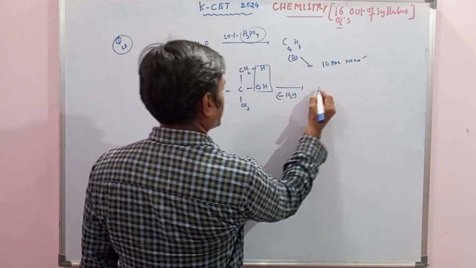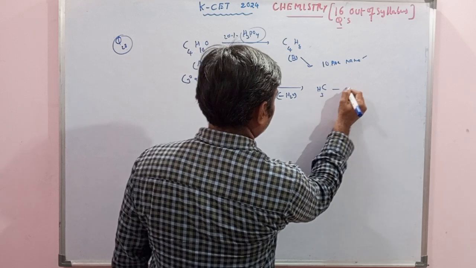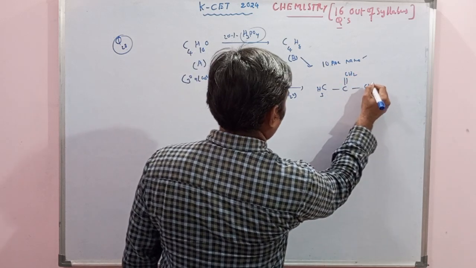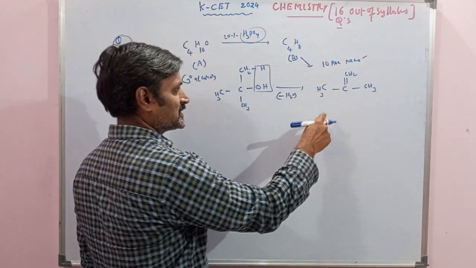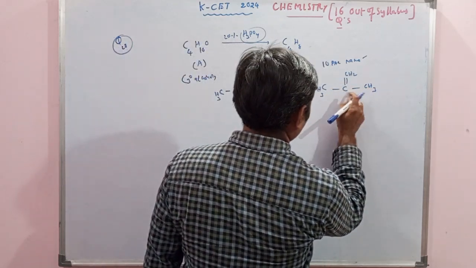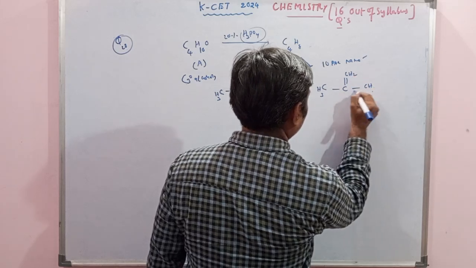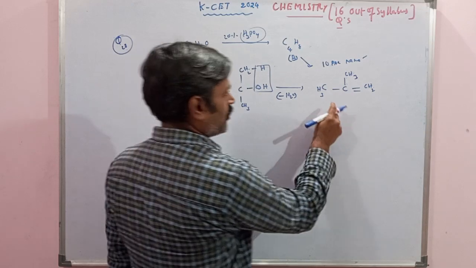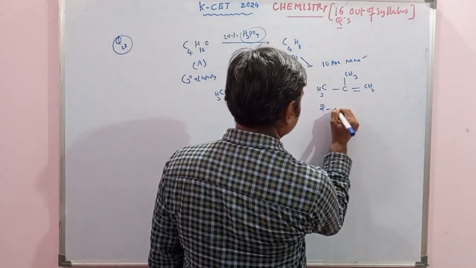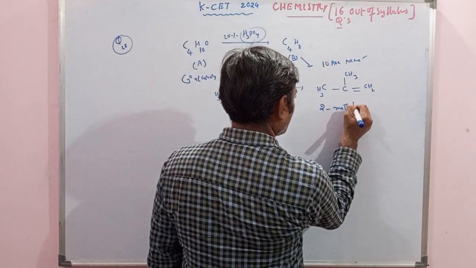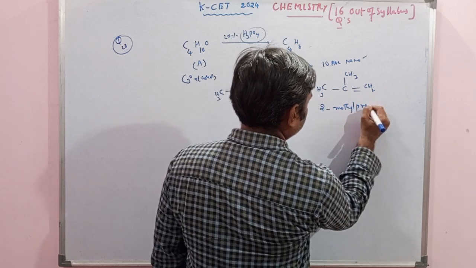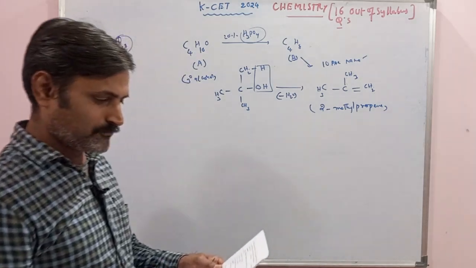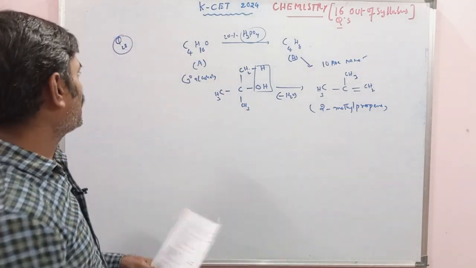Then what will come is CH3, C double bond CH2, with one more CH3. On the second carbon there is a methyl group, so it is called 2-methylpropene. So 2-methylpropene is the right answer for question number 28.